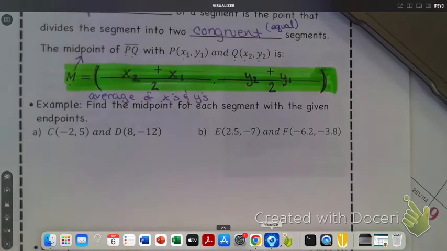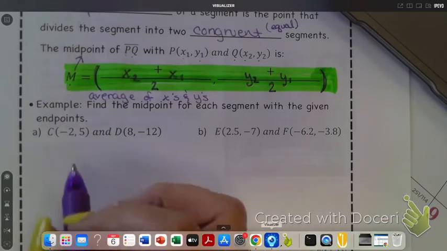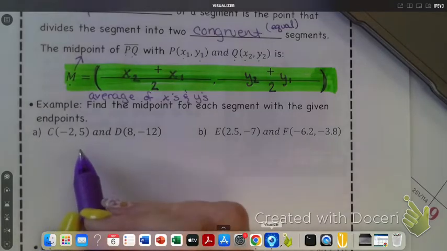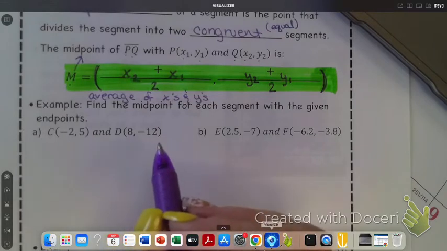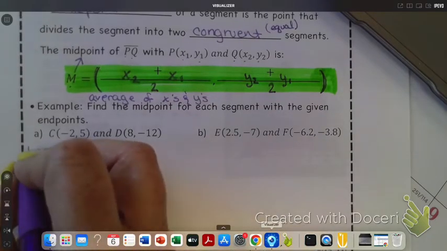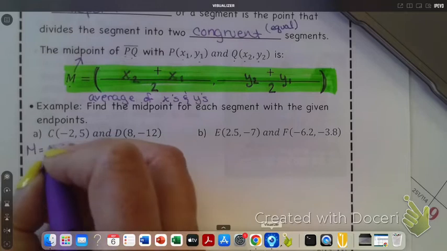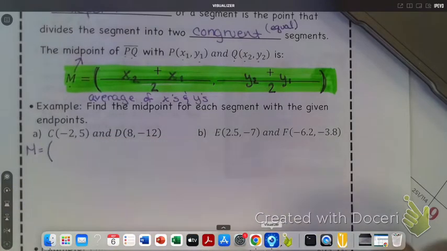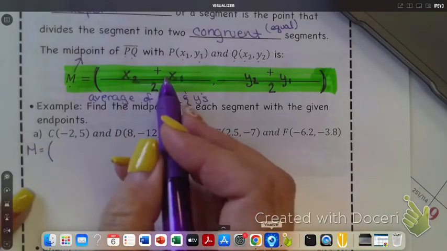So it says find the midpoint of each segment with the given points. So C is negative 2, 5. D is 8, negative 12. So the midpoint equals, parenthesis, x2 plus x1.